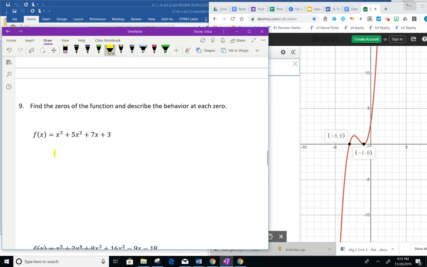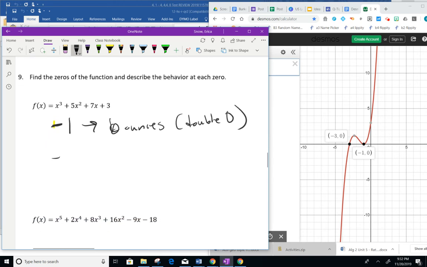So at our first 0 is -1, and at -1 it bounces. So we're just going to write that it bounces, or it's a double 0. And at -3 it passes through. And that's as difficult as it gets.